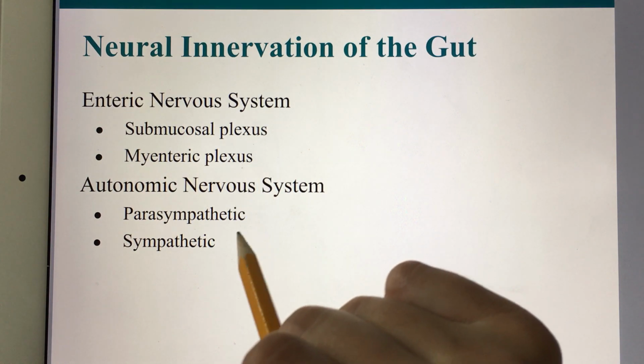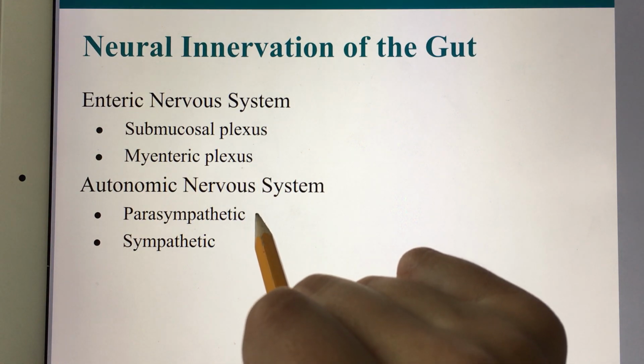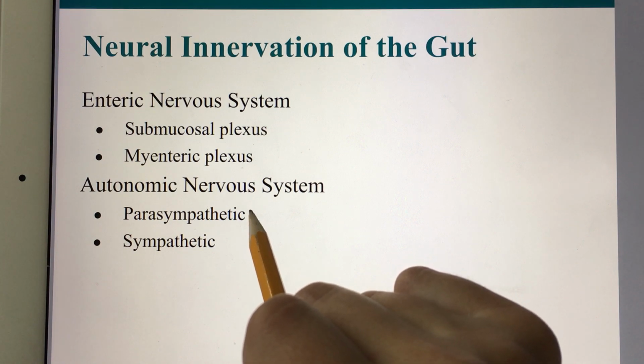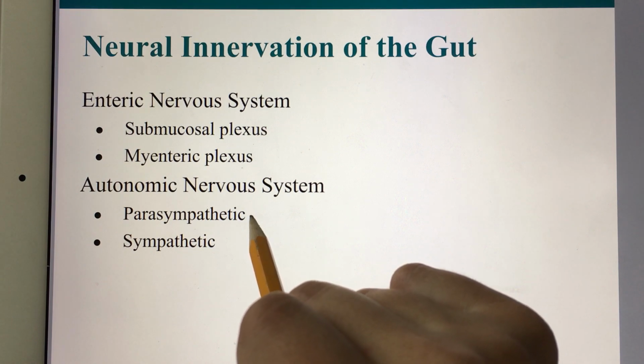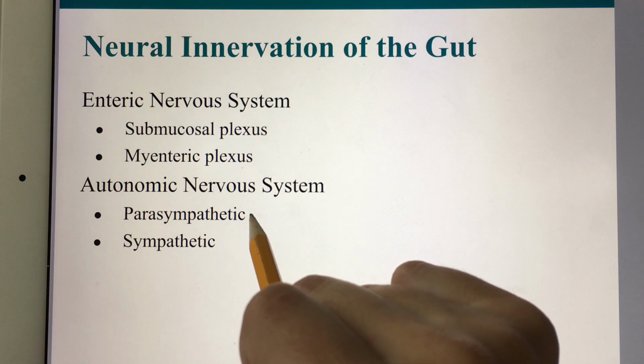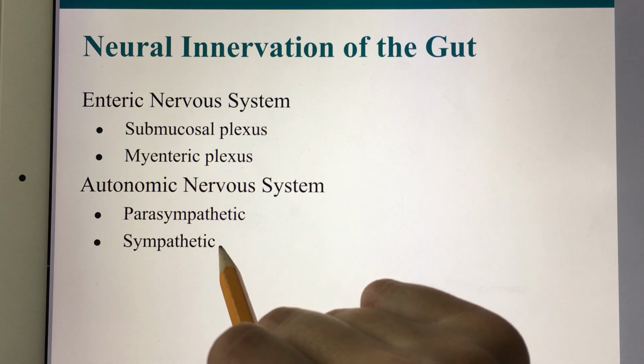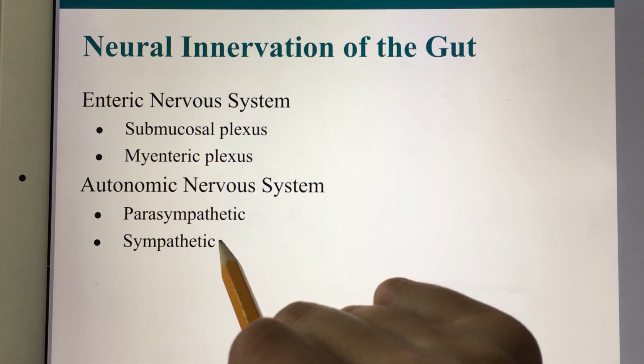So if you recall from the nervous system chapters, the parasympathetic system is the system that favors digestion. It's the rest and digest response, the slowdown of the body, favors sleep, favors relaxation, and the sympathetic nervous system does the opposite. It's the fight and flight response that does not favor digestion.